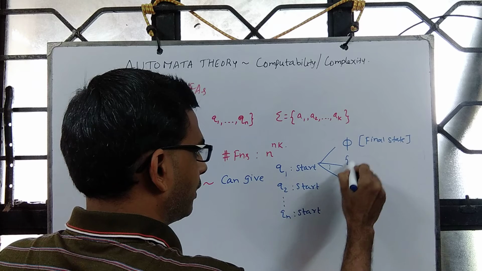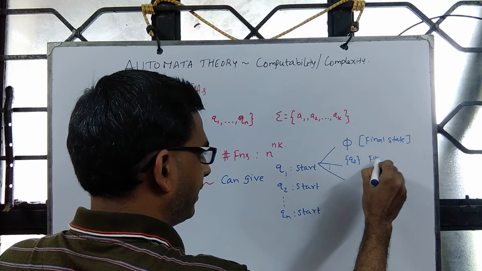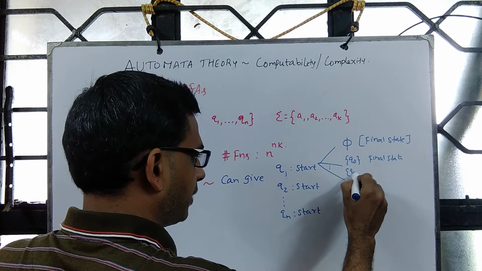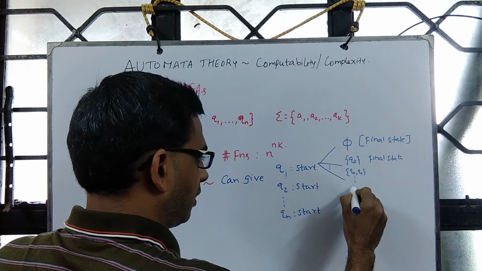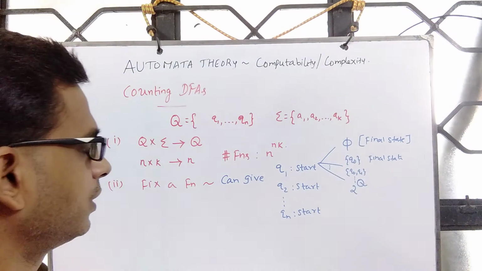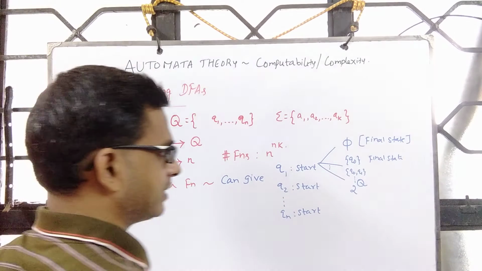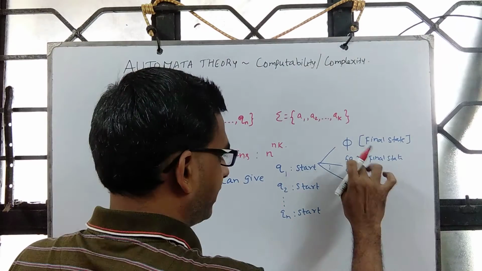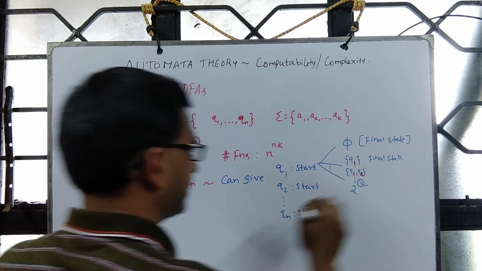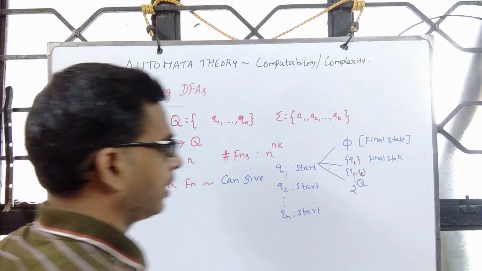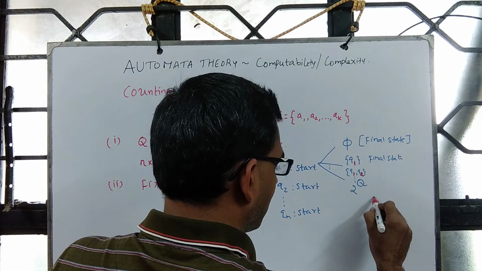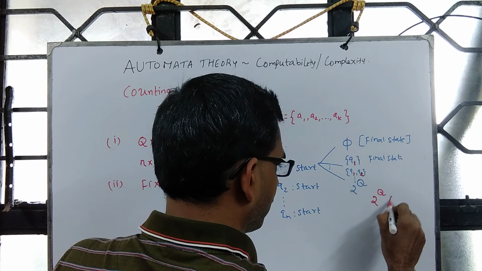And then q1 is your final state, then q2, then q1, q2, like that. All subsets of Q are possible. So with q1 as the start state, we see that we get 2 power cardinality of Q automatons.